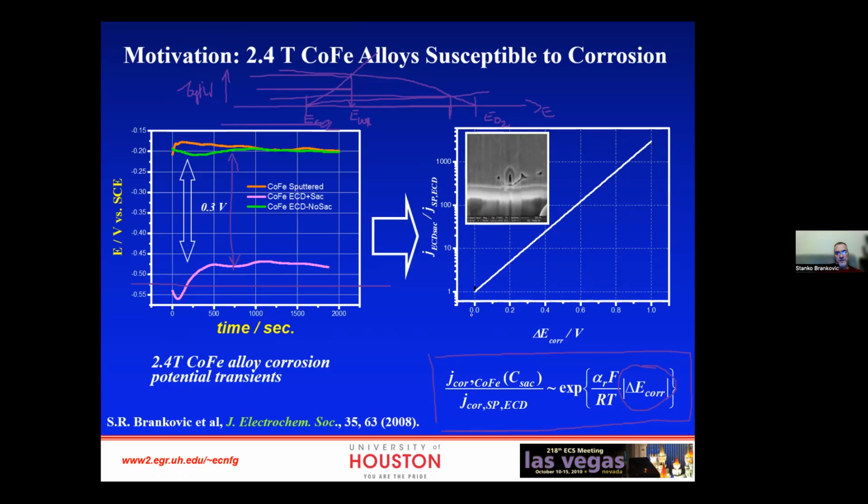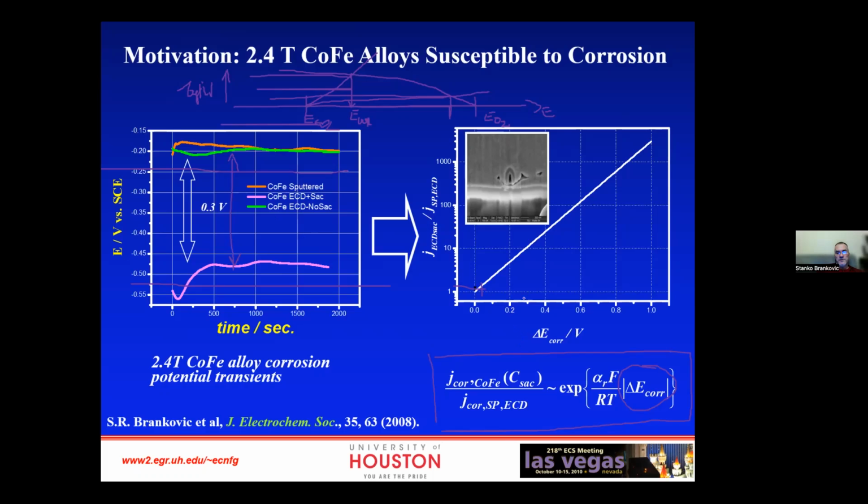This ratio here is plotted as a function of this delta E corrosion, which is this difference here. And you can see if, let's say, my electrodeposited alloy has corrosion potential here, which is around 0.2 volts difference, or 0.05 volts difference, it's probably negligible difference in the corrosion rates.